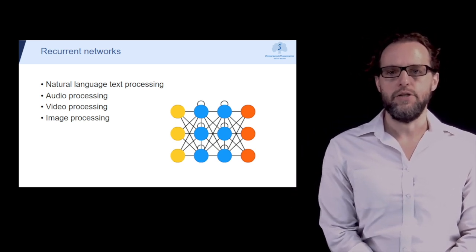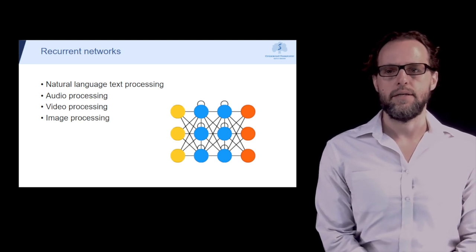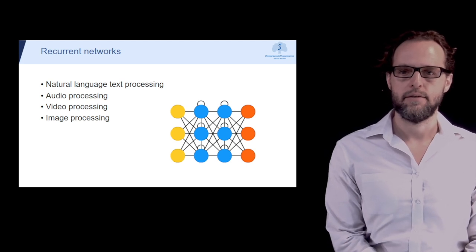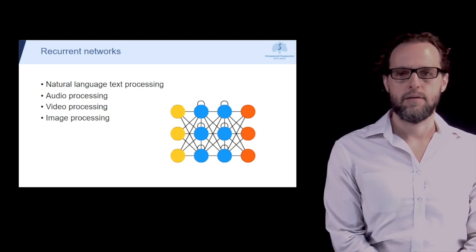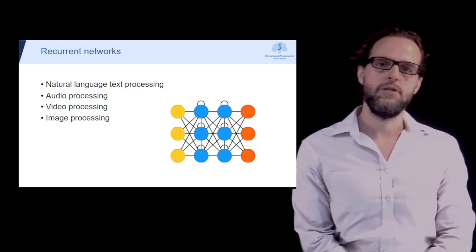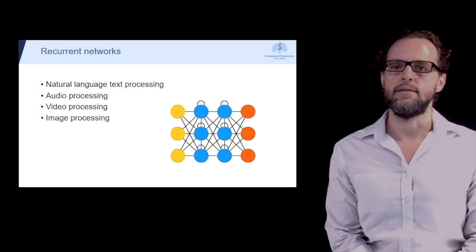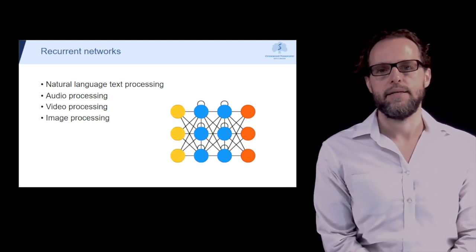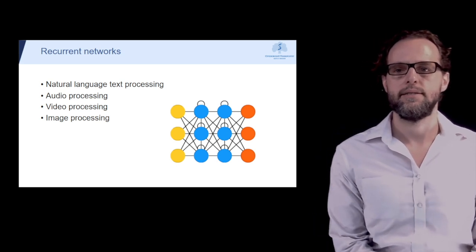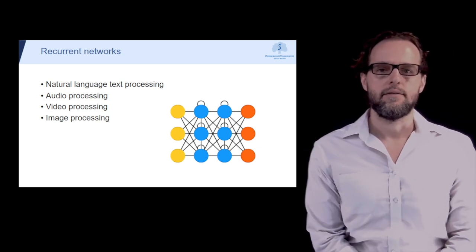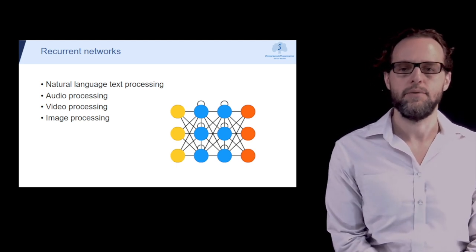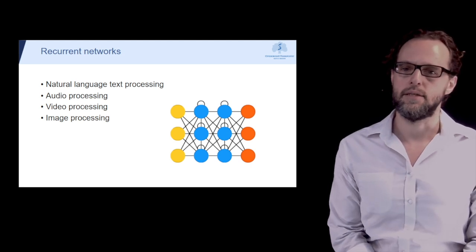Areas of application of this class of architectures include natural language text processing, text analytics, automatic translation, audio processing, automatic speech recognition, video processing, predicting the next frame based on the previous ones, emotion recognition, image processing, predicting the pixels based on the environment, generating images, generating image descriptions, and so on.